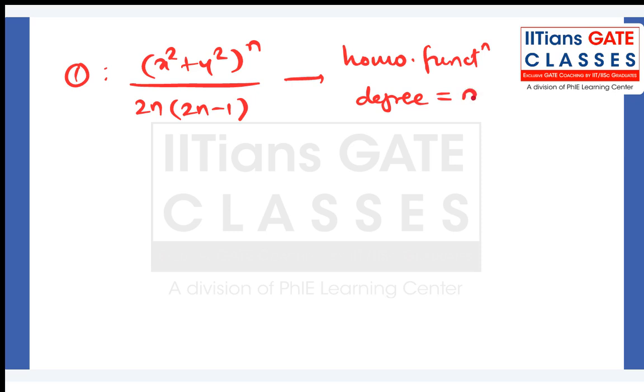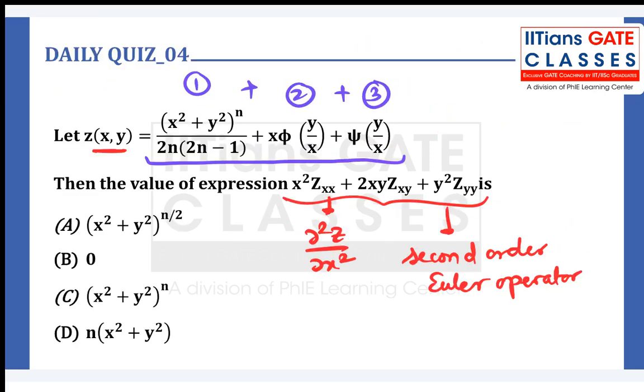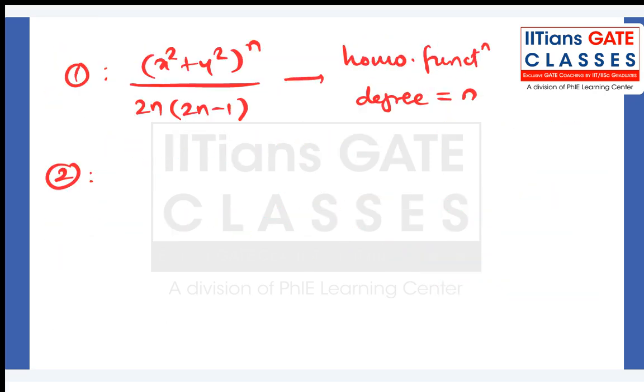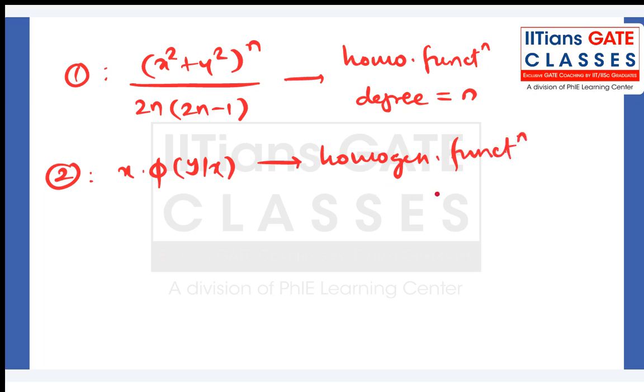Okay. Whereas if you consider the second function, which is nothing but, I think, x into phi of y by x, right? So here also this is a homogeneous function. Okay, and the degree here is 1, because if you put x as lambda x, in the y by x term lambda cancels, x will become lambda x, so degree will become 1, lambda power 1.